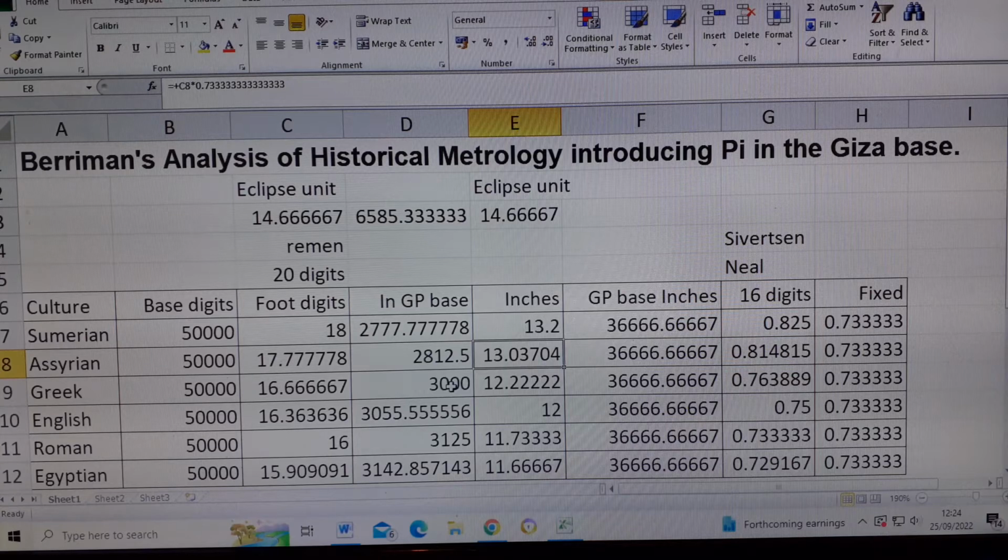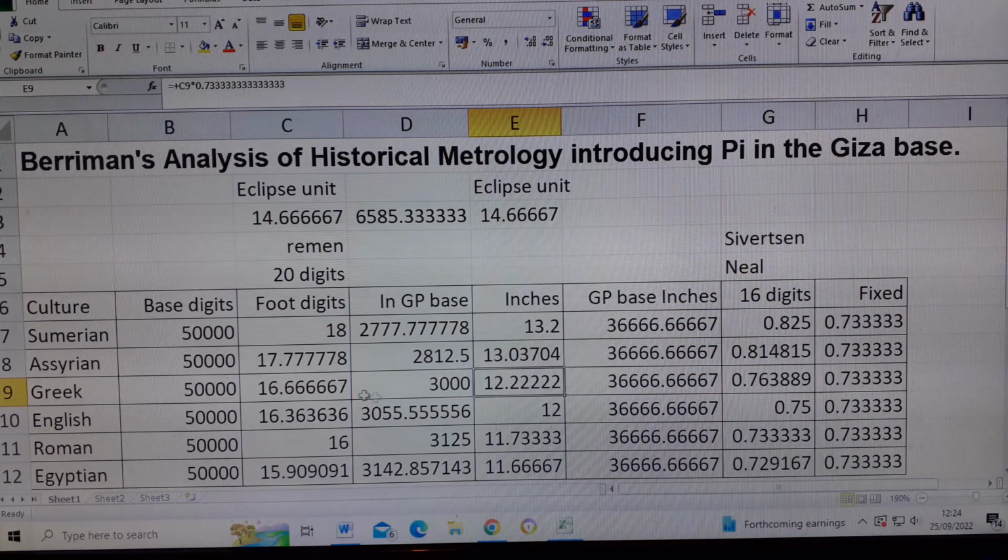We get down to the Greek, and we know there are 3,000 Greek feet in the Giza base from the work of John Neal. We find that the Greek foot is 12.222 inches using the digit of 0.7333, which in this case is Berriman's Shusi of 0.66 inches multiplied by 10/9.